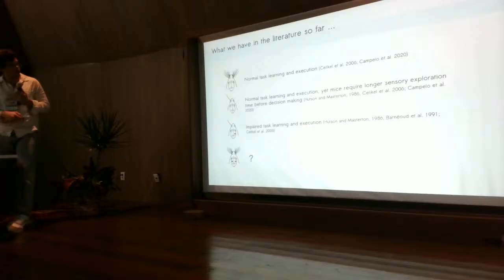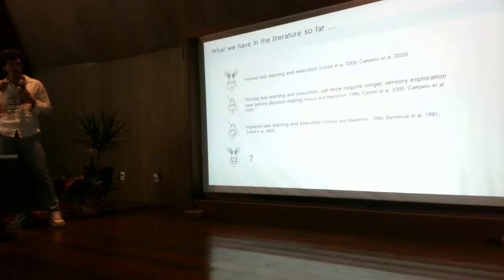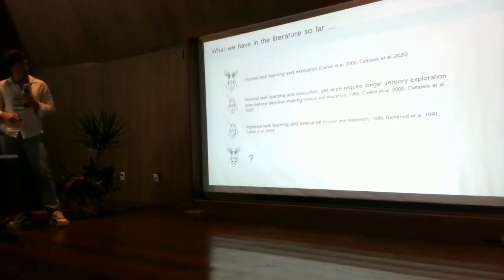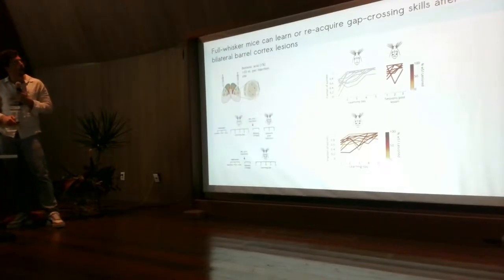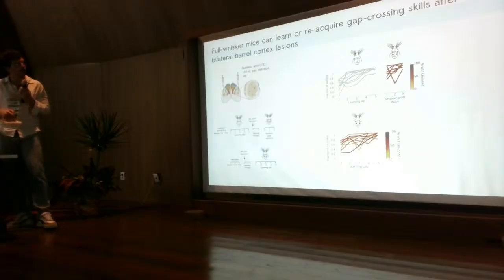And in the condition of natural whiskers and bilateral ablation, to our knowledge, there is no data in the literature. So we performed these experiments and we show that the animals can cross the gap when they have full whiskers, in a good way, I would say. This is the fraction of success over sessions for the learning phase.